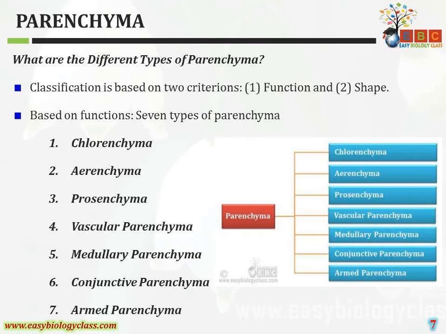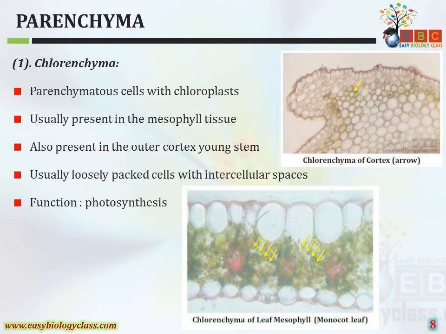The different types of parenchymatous tissues are chlorenchyma, aerenchyma, prosenchyma, vascular parenchyma, medullary parenchyma, conjunctive parenchyma, and armed parenchyma. I will give you the details of some of them in the coming slides. Now, the first type of parenchyma cells, which is very important, is termed the chlorenchyma.